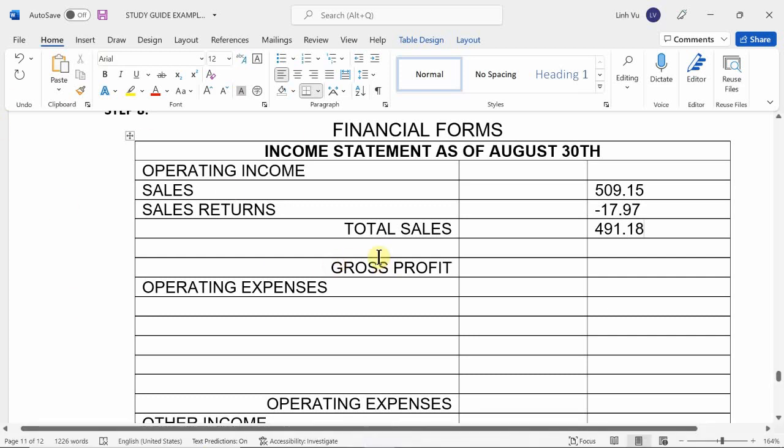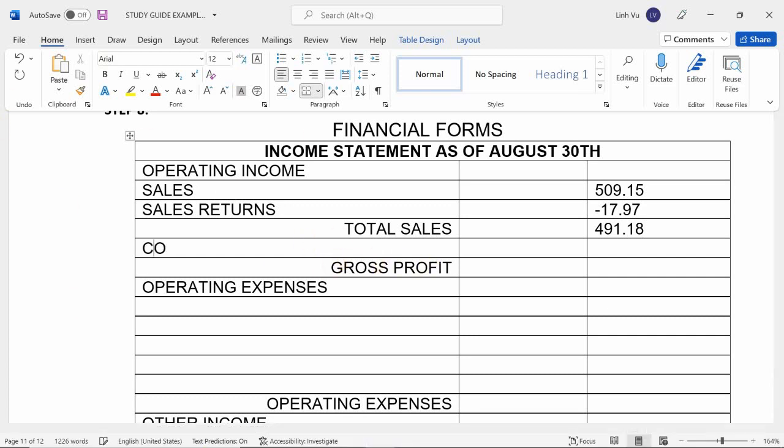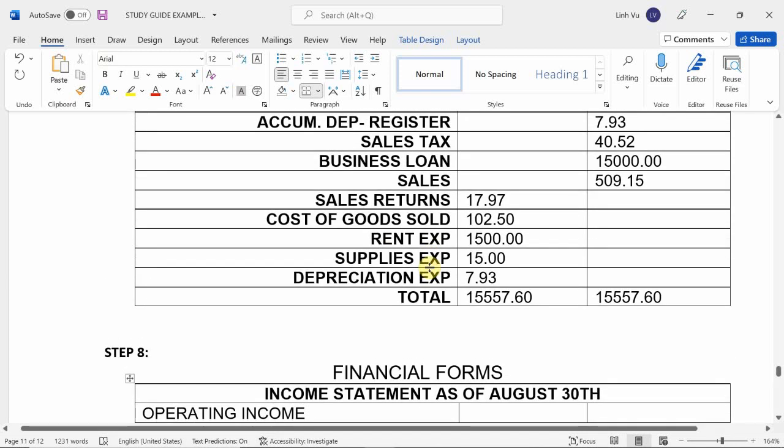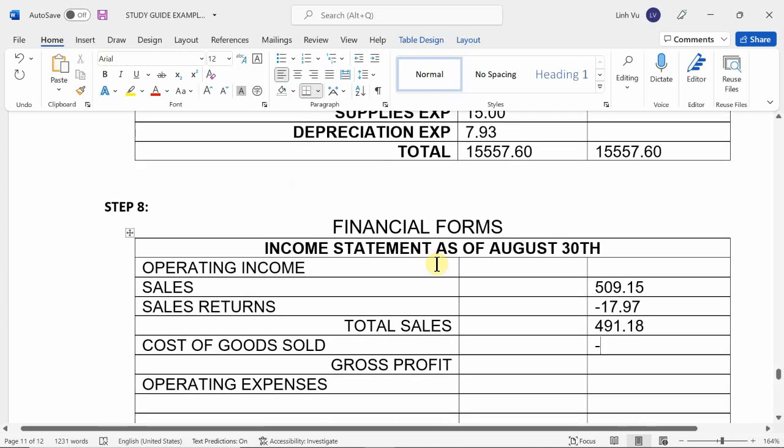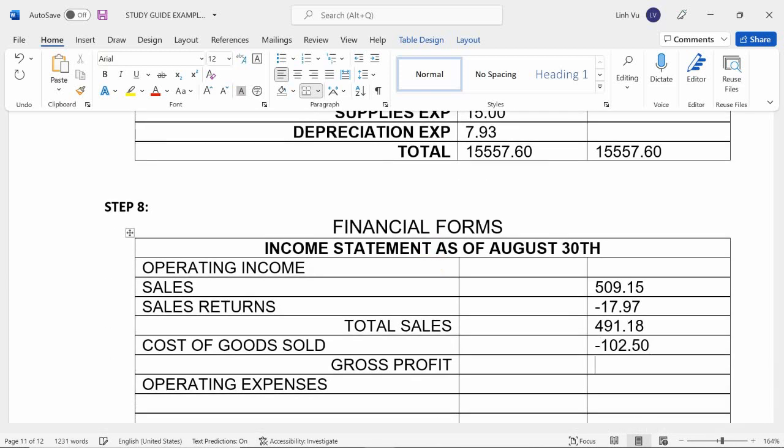In order for you to get your gross profit, you need to take out the direct cost of goods sold, which is directly correlated with the inventory items that you sold. That is going to be the $102.50. So that's going to give you a gross profit of $388.68.